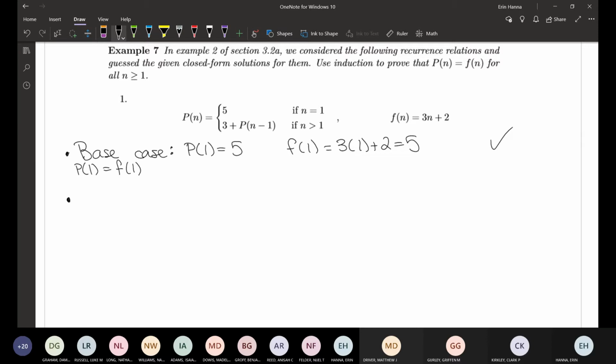Now I know I said 2 steps, but I'm going to kind of break that second step up into 2 pieces. I'm going to write the inductive hypothesis and then use it to prove the inductive step. So we have the inductive hypothesis.